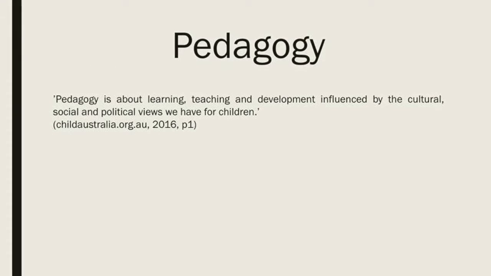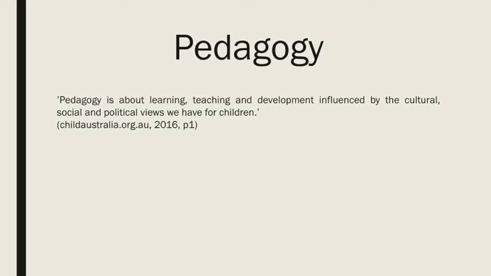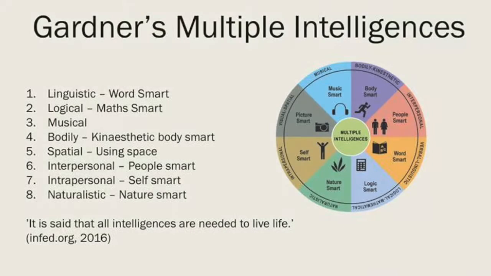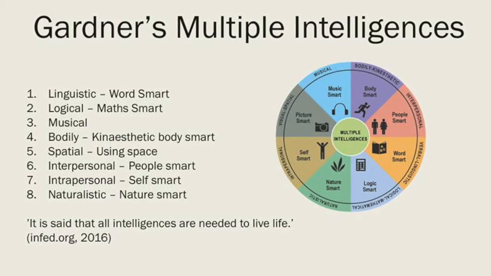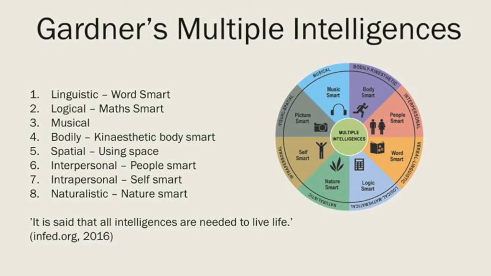Gardner's theory of multiple intelligences best displays that all children learn differently, and therefore, teachers should teach each child differently using the multiple intelligences. Howard Gardner formulated his theory through his studies of psychology and social sciences at Harvard University.